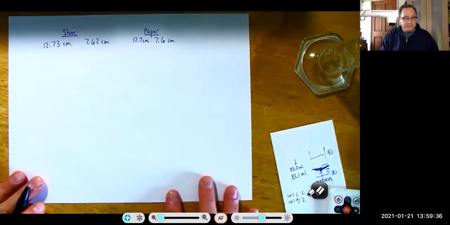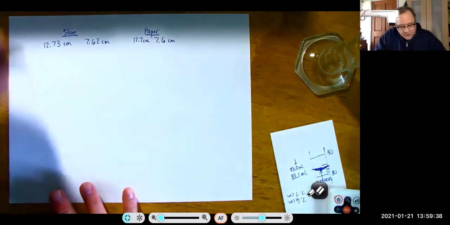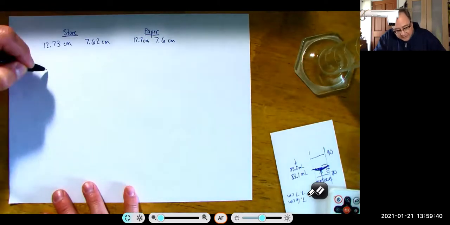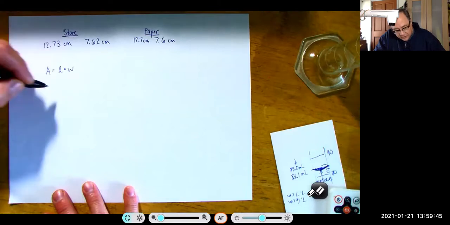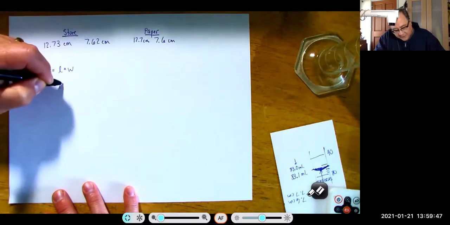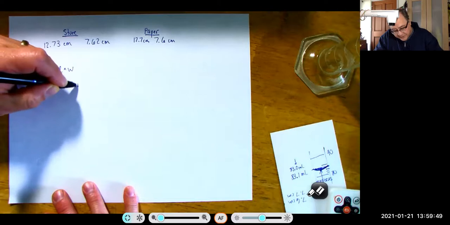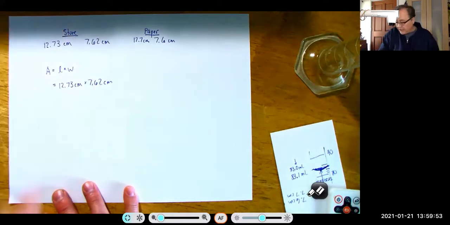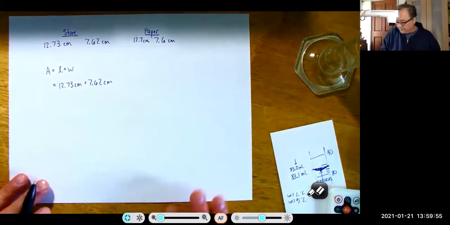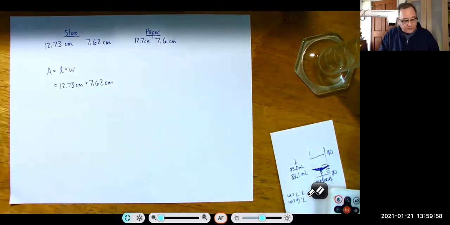Okay, now to calculate the area, you use length times width. So this would be 12.73 centimeters times 7.62 centimeters for the store-bought ruler measuring the length and width of the index card.